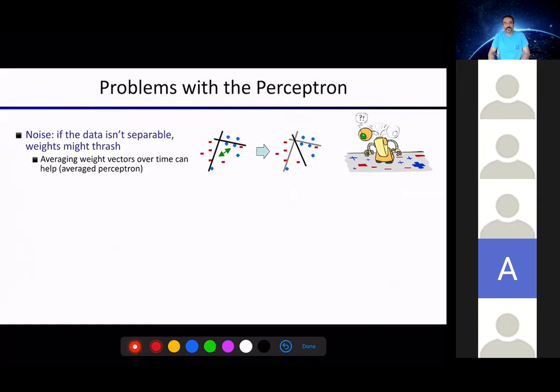You might thrash a lot of weights, so you might iterate over and over again, and it may never converge. So that's a key issue.